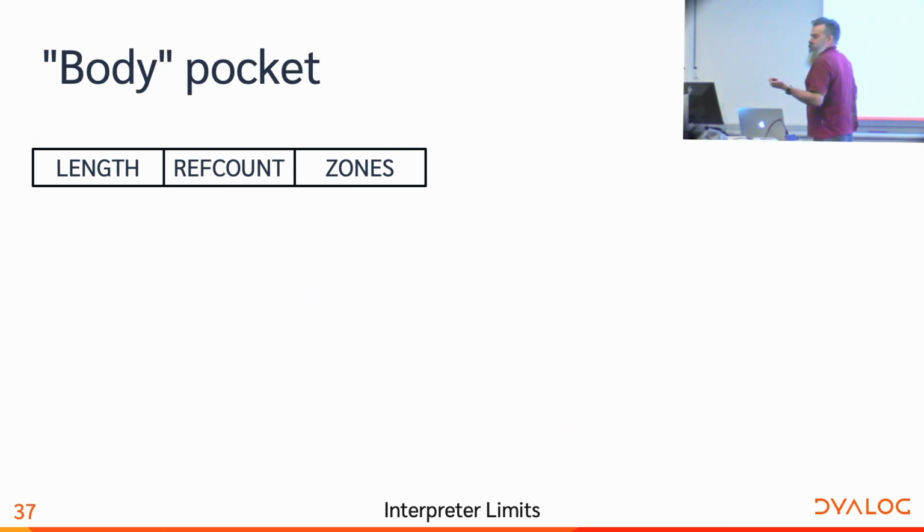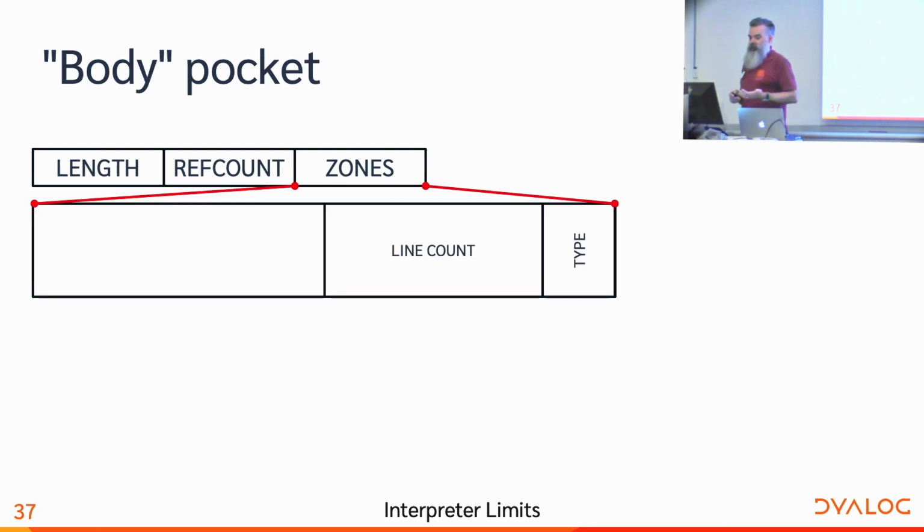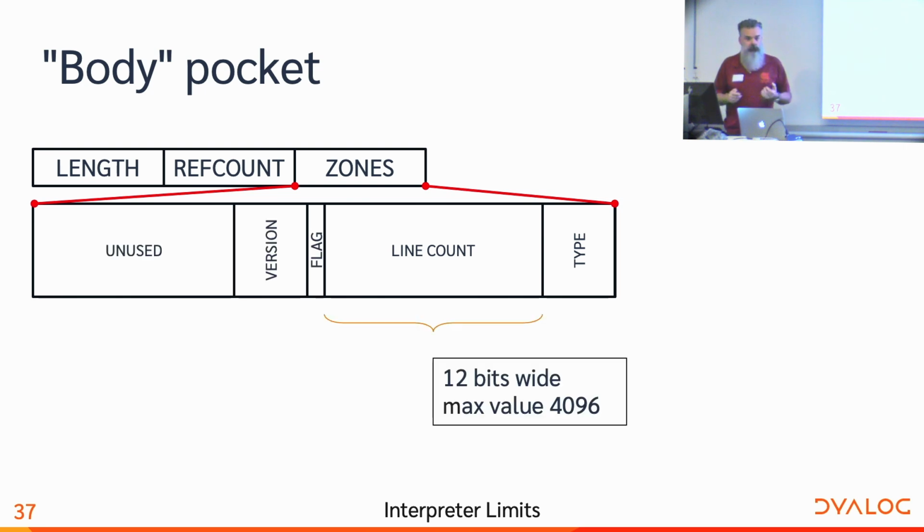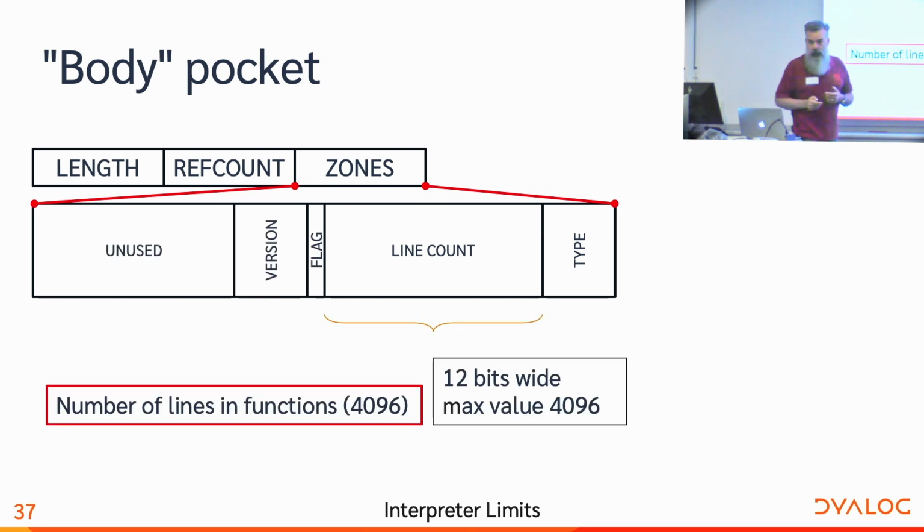Another one of these limits appears in what we call a body pocket, which defines essentially a function header, and it's got a line count field in it, which is also 12 bits wide, and this is why we have a limit of 4,096 lines in a function. Same problem, we've got this field of fixed width, so we've got to figure out some way of widening that so that we can have a bigger number for the number of lines in a pocket.